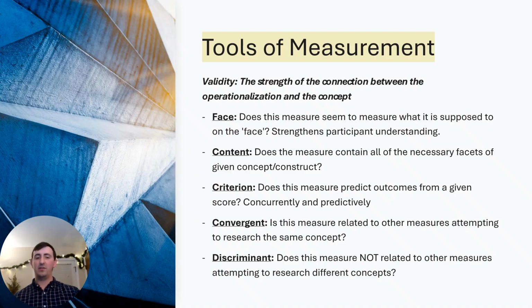The next validity down is convergent validity, and this one asks the question, does my measurement fit into the fold of everyone else's measurement when we're talking about the same concept? What I mean by that is, if I have a depression survey, is it similar to other depression surveys in measuring depression, right?